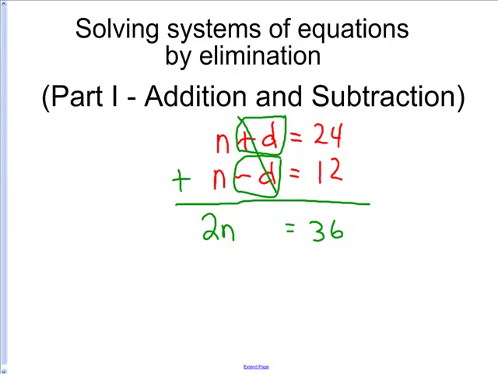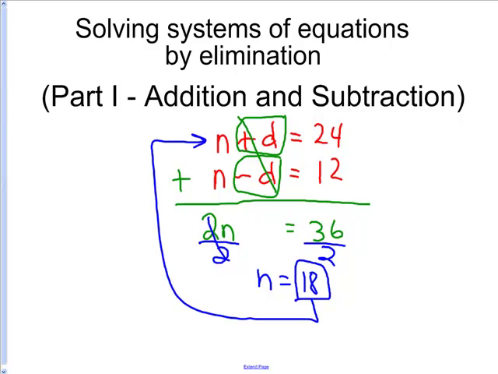So when I divide both sides by 2, I get n equals 18. Very simple way of finding one variable. Now if I take that value for n, 18, and plug it back into either equation, so if I take n at 18 and I plug it back into here, I get 18 plus d equals 24.